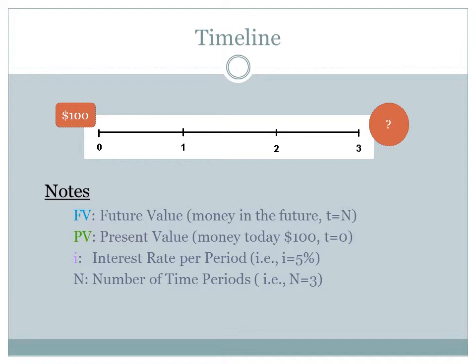The future value is the money you will have in the future. For example, we assume the market interest rate is 5% per period, and you have 3 time periods. So I is the interest rate, 5%, and the number of years is 3.